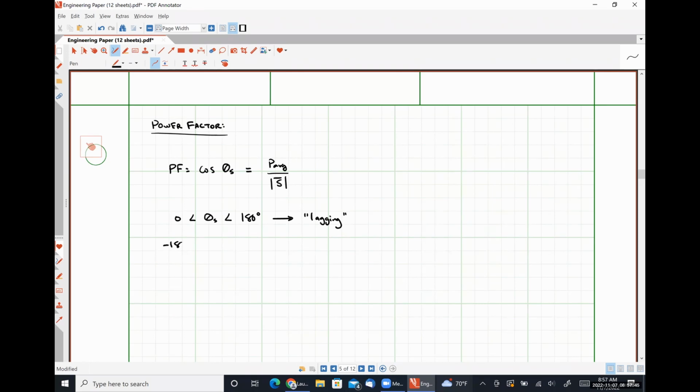And when -180 degrees is less than theta s is less than 0 degrees, we say that our power factor is leading. So if theta s is between 0 and 180 degrees, what does that mean? That means theta, yes. Sorry, yes, leading. Thank you. Lagging for both doesn't make any sense. Thank you very much. Thomas, was that why you were raising your hand as well? Thank you.